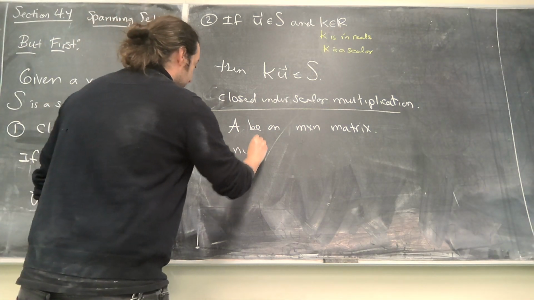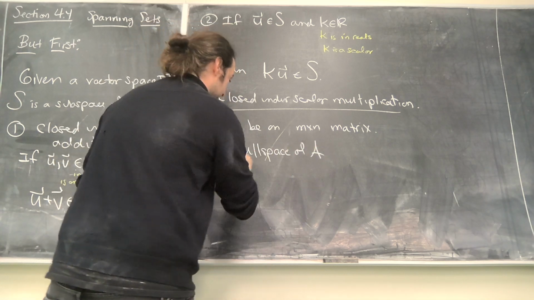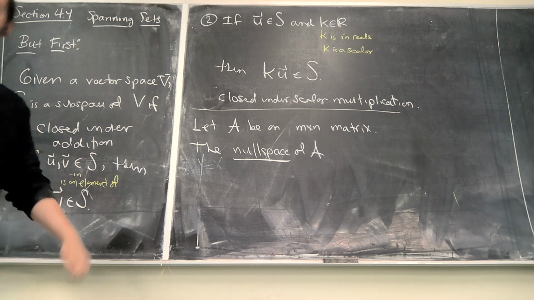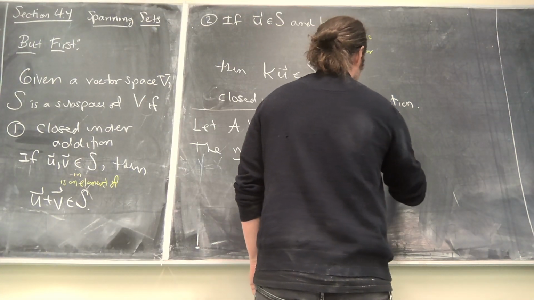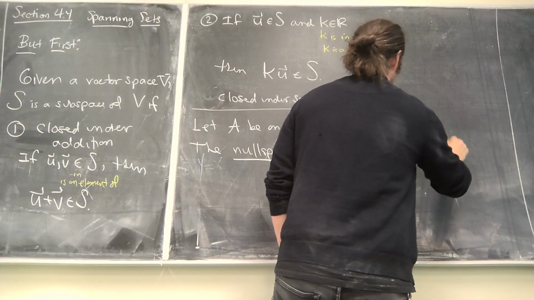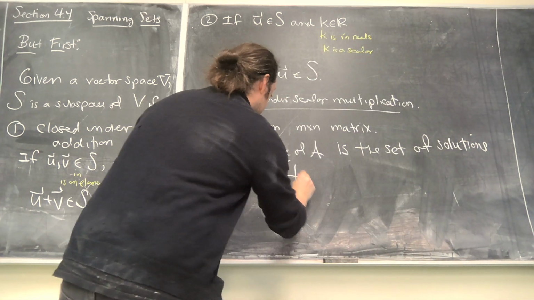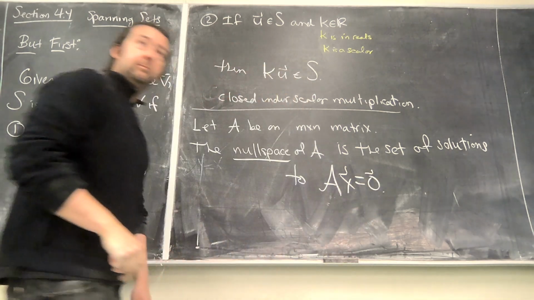The null space of A. So the null space, somebody told me in the last section that Dr. Retzek didn't tell you what a null space was. I'm going to tell you what a null space is. The null space of A is the set of solutions to A times x equals 0.